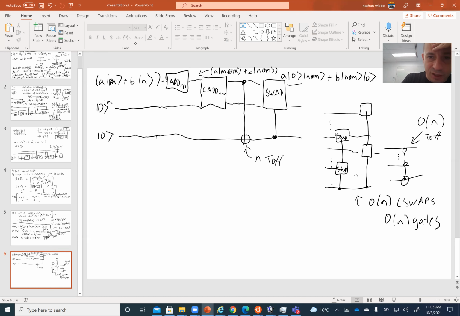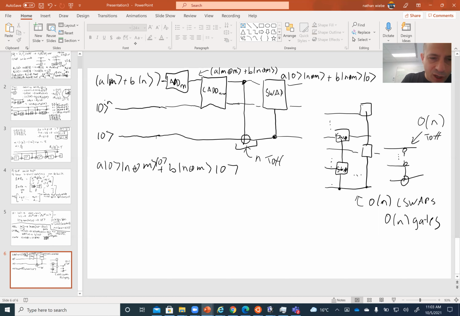And so now let's take a look at what these transformations have done. Before doing the Toffoli gates, at this stage we had a state of the form A 0, n exclusive or m, plus b n exclusive or m 0, and this is 0 down here.